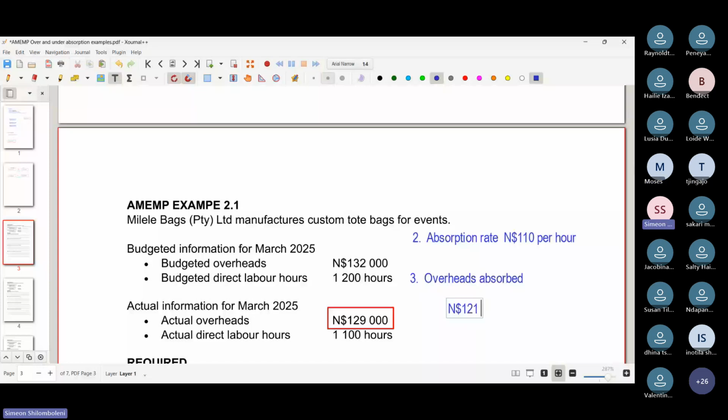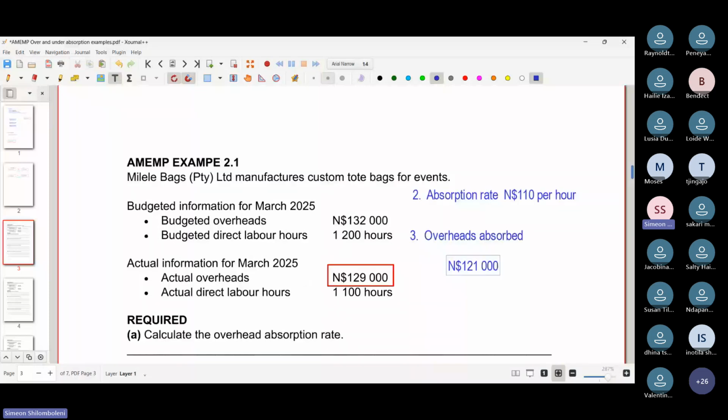Now that we have calculated our overhead absorbed, it is 121. What are we going to do next? We compare the overhead absorbed. Okay, we are now going to compare. And when we compare, we can see that the overhead absorbed is smaller than the actual overheads.